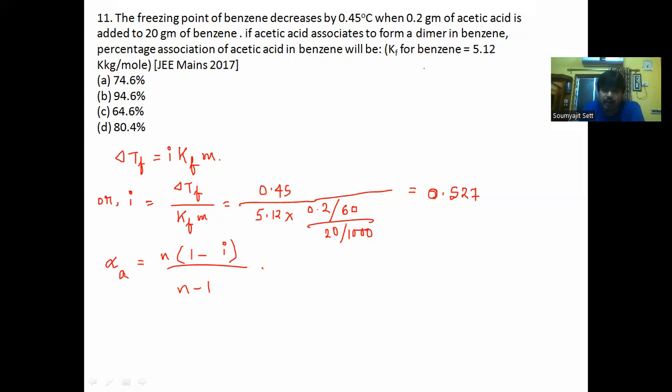So here a dimer is there, so n will be 2. We will put the value 2 into (1 minus 0.527) divided by (2 minus 1). So by calculating, we will get the value. How much is it? Probably 94.26.